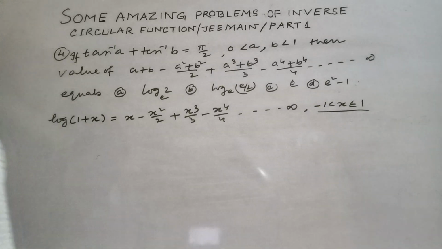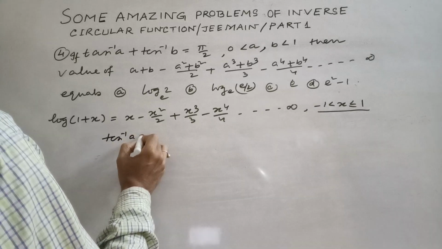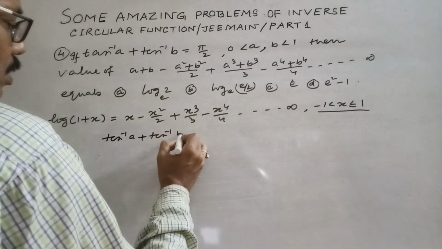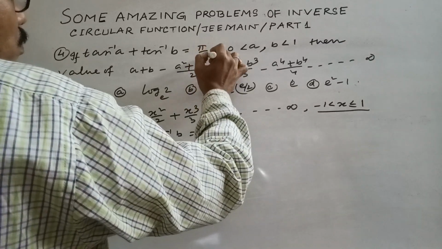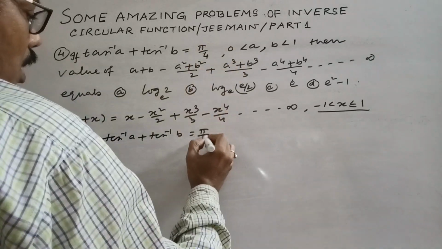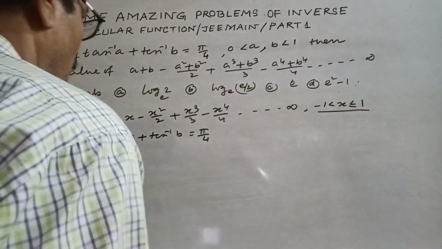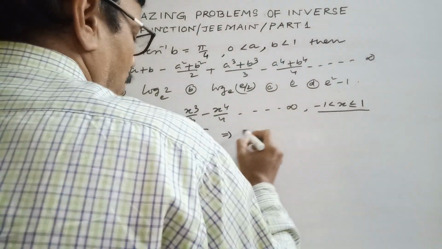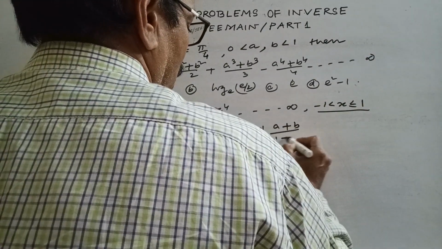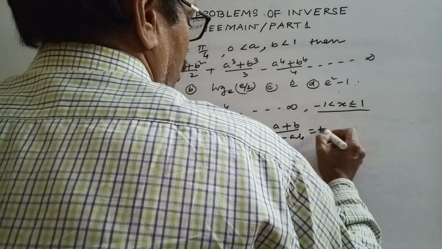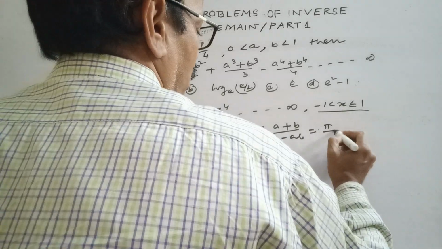Now look, the given condition is tan inverse A plus tan inverse B equals pi by 4, and A and B are positive, lying between 0 and 1. So this implies tan inverse of A plus B by 1 minus AB equals tan pi by 4, which equals pi by 4.